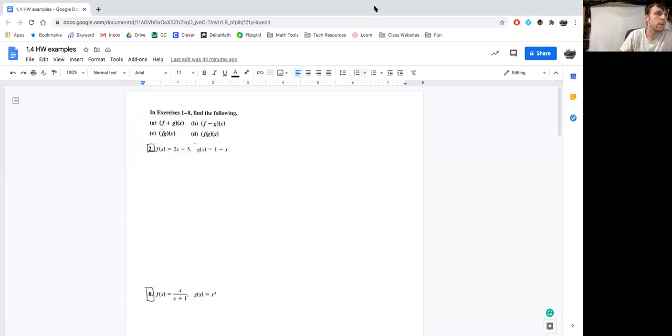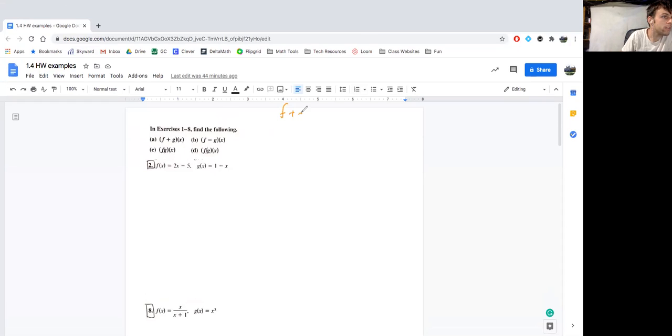For example, for our first one, f plus g of x, if we write that out, that's the same thing as taking two functions and adding them together, f of x plus g of x. It's really all we're doing here. Same thing if this was subtraction, we would subtract the function, multiplication, we'd multiply, and so on.